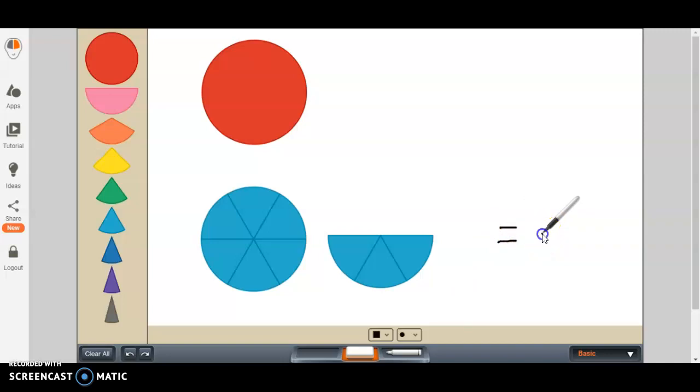So 6 pieces make a whole. That's my denominator. And I'm counting how many pieces I have, my numerator. So I'm counting 1/6 plus 1/6 plus 1/6 plus 1/6 plus 1/6. If I count them all, I can see that I have 9/6.